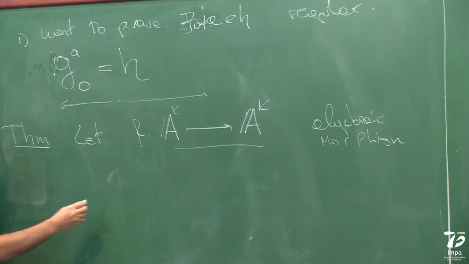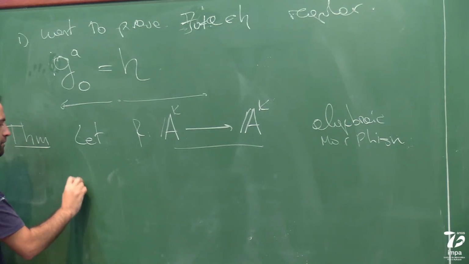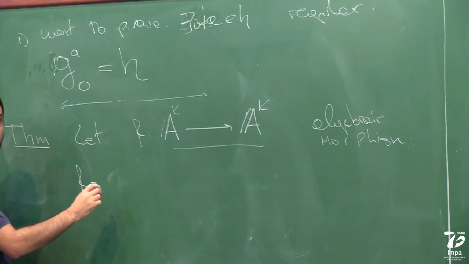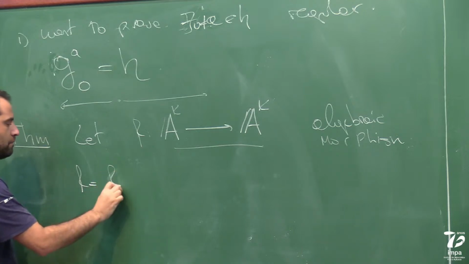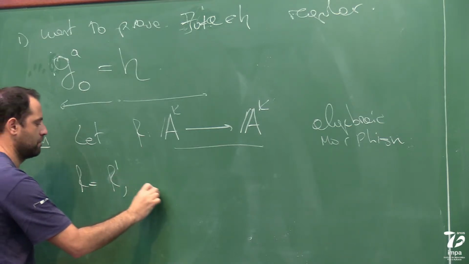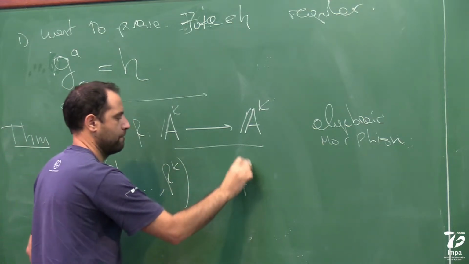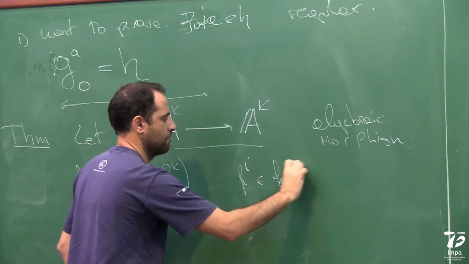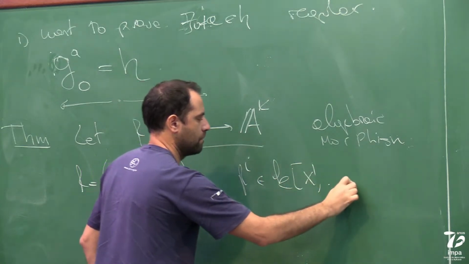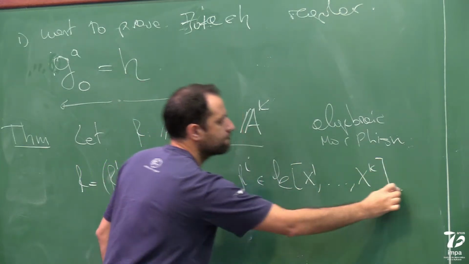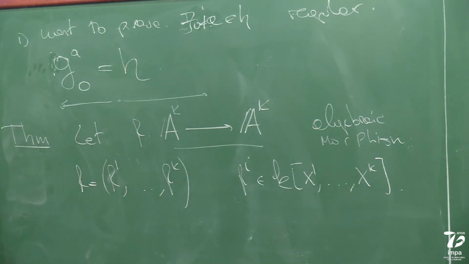So this means the following. This is just a collection of k polynomials in k variables. If you want to view it in terms of points, say your field is the complex numbers.